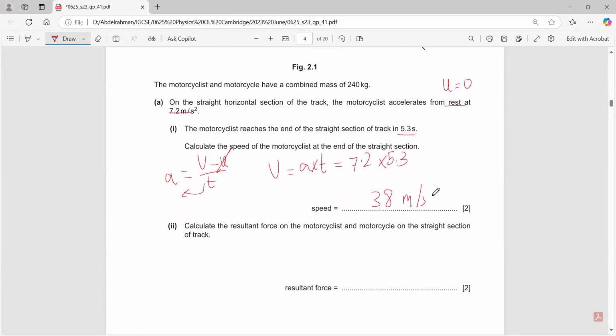Can I find the resultant force? Yes. F equals ma. 240 times 7.2, which is around 1700 newtons.